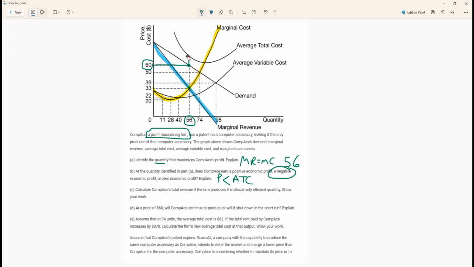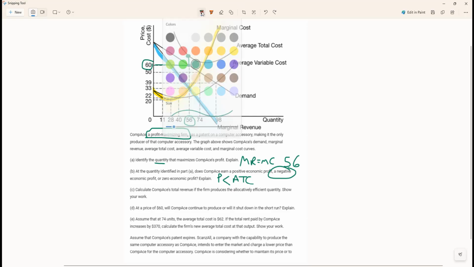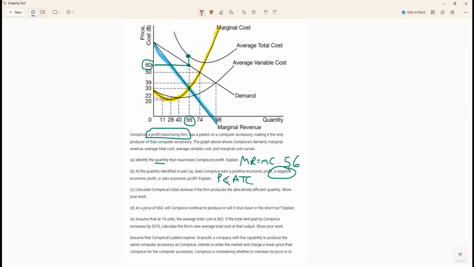So their total loss, in case you had to shade this, would be the area over here and right here and up to there. This orange box there, that's their loss. Okay, and so you could actually just tell them, price is less than average total cost at 56 units.